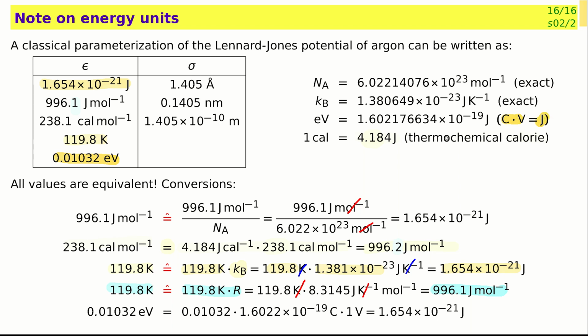So by multiplying by the charge of an electron, or better said the elementary charge, I get the conversion factor. So once again, just by multiplying this by the conversion factor, I get the energy.